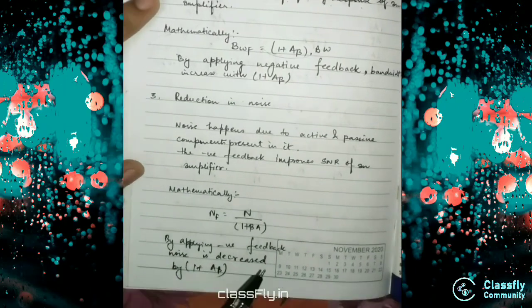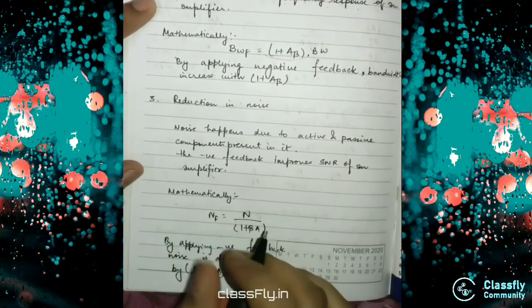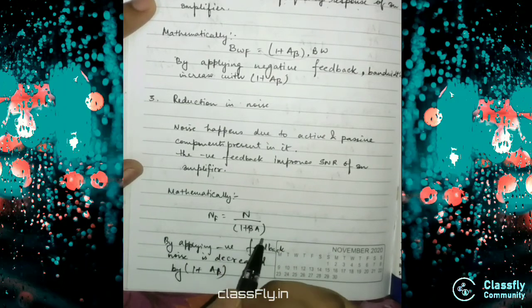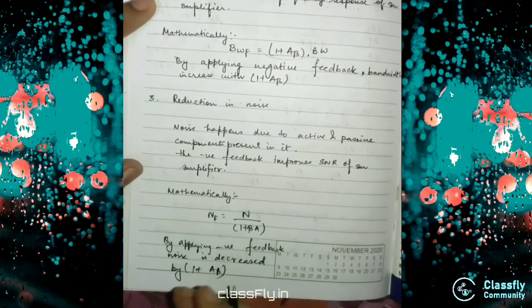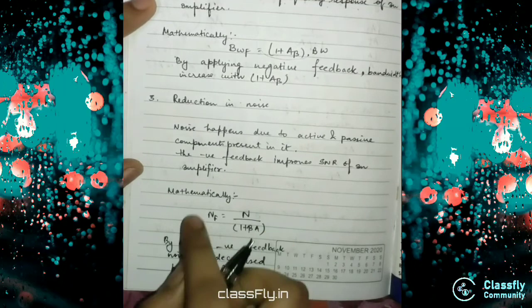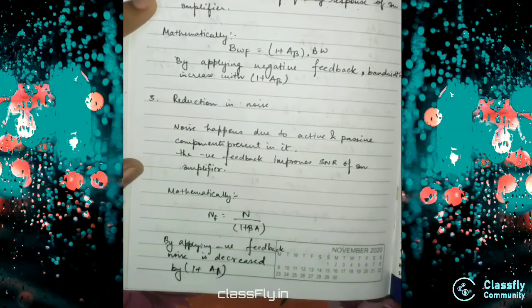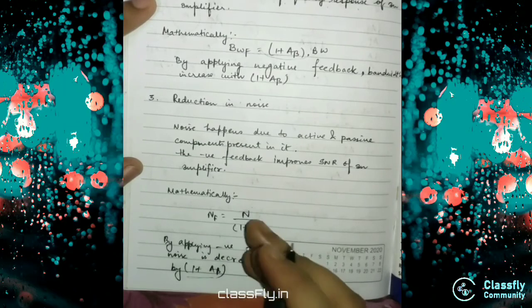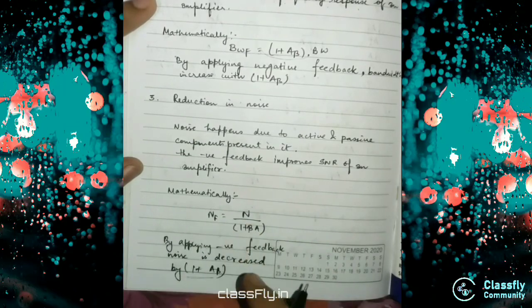Mathematically, NF is equal to N by 1 plus beta A, where NF is the noise with feedback. So by applying negative feedback, the noise decreases by the factor 1 plus A beta.